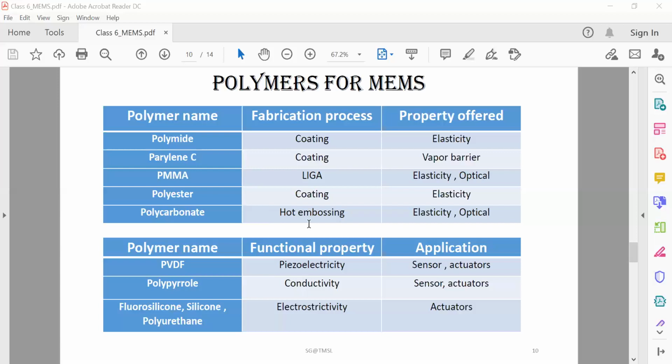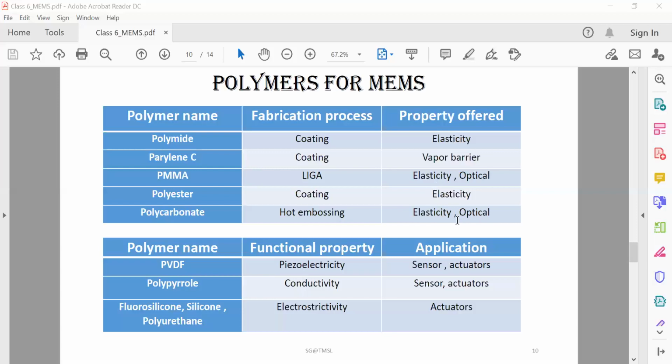For polyimide, the elasticity property is used for devices. In case of Parylene C, the vapor barrier property is utilized. For PMMA, elasticity and optical properties are utilized. In case of polyester, the elasticity property is utilized, and for polycarbonate, both elasticity and optical properties are used.